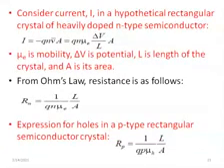Now, if you consider a current I, if we assume we have a rectangular crystal of a semiconductor which is heavily doped with n-type semiconductor, that is with group 5, the value of the current that will be produced is given by this: I equals minus QnVA.